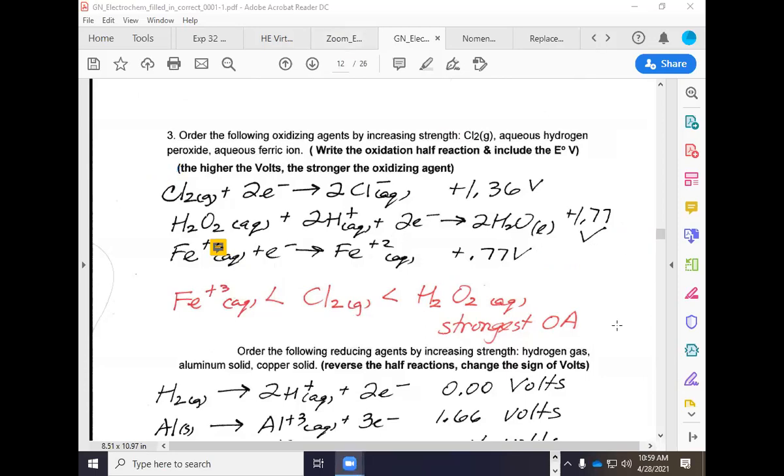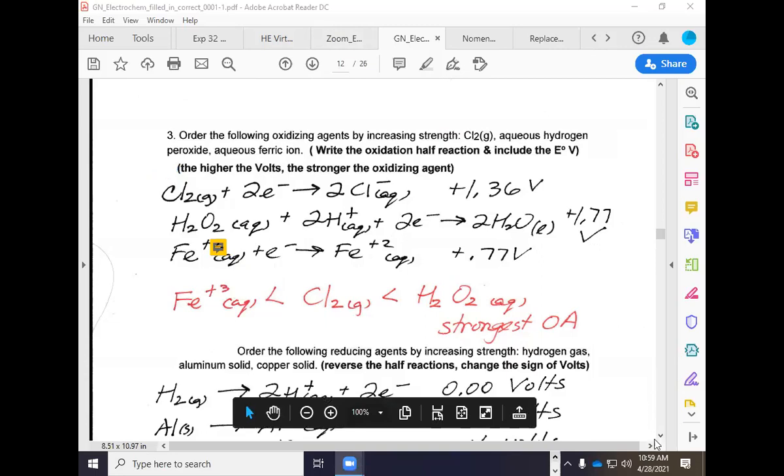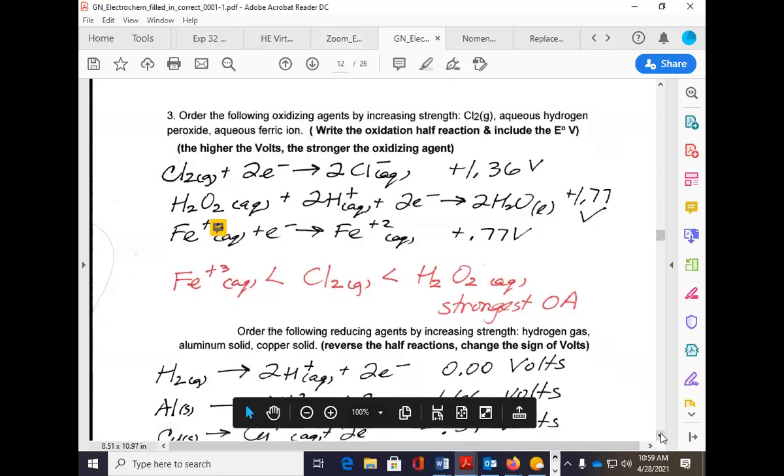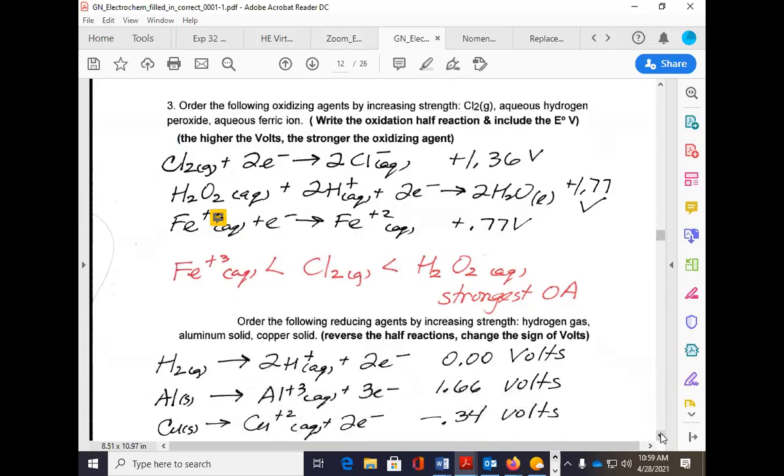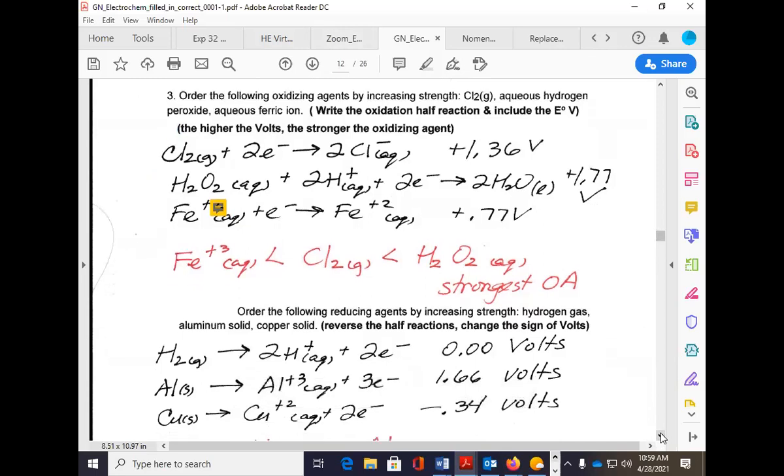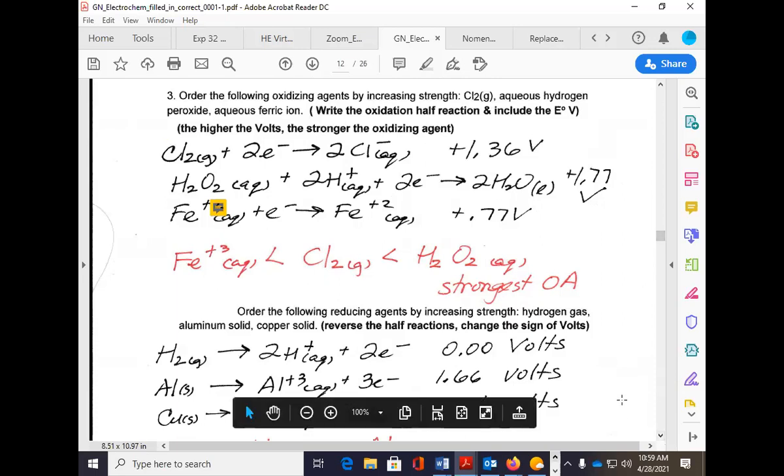Okay, the next question is asking about reducing agents. And so this is telling you that you look at the table, and in order to make these as reducing agents, you need to reverse the half reactions and change the sign of the volts. And then you can look at the volts and put them in order.